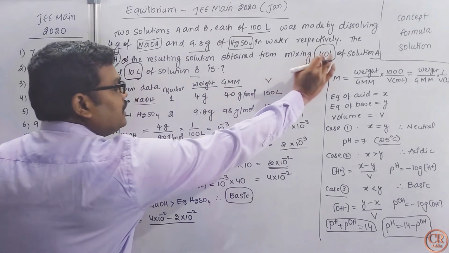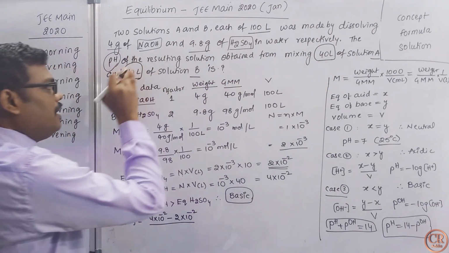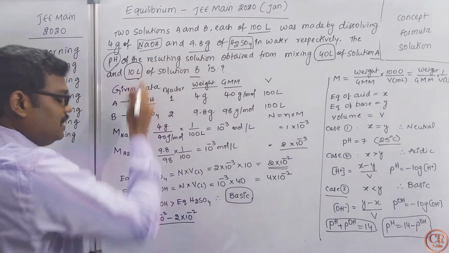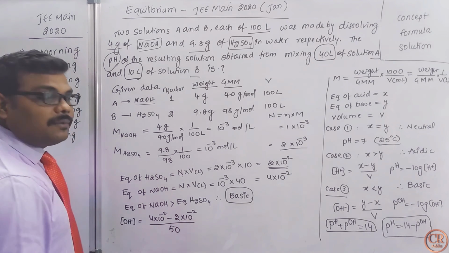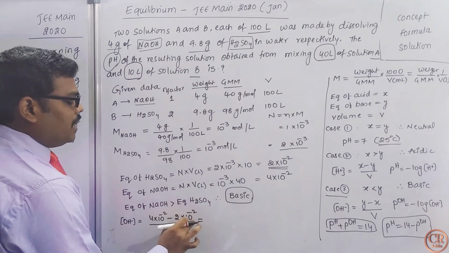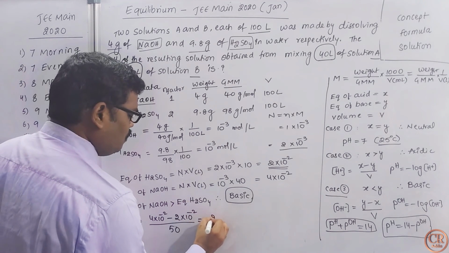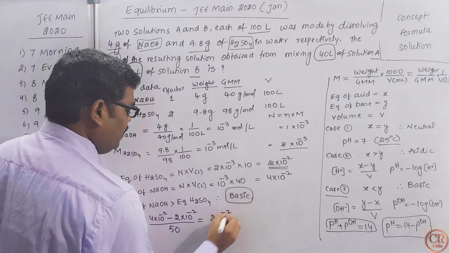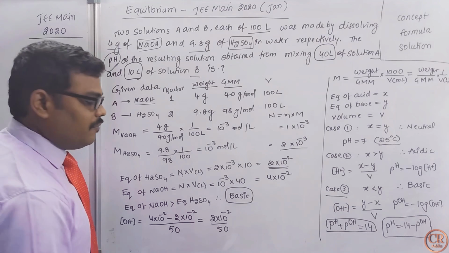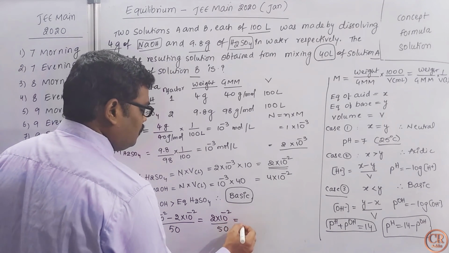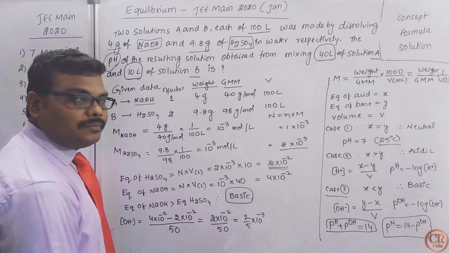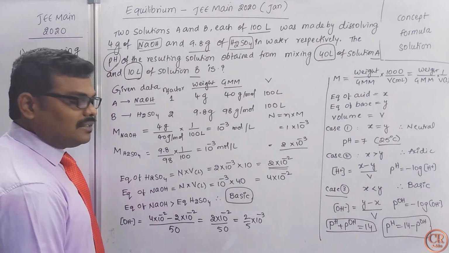The total volume is 40 liters of A and 10 liters of B. Total volume is 40 plus 10, that is equal to 50. So from this, what is common? 10 power minus 2. 4 minus 2 is 2, so 2 into 10 power minus 2 by 50. Now this is equal to 2 by 5 into 10 power minus 3. So this is the OH minus ion concentration.